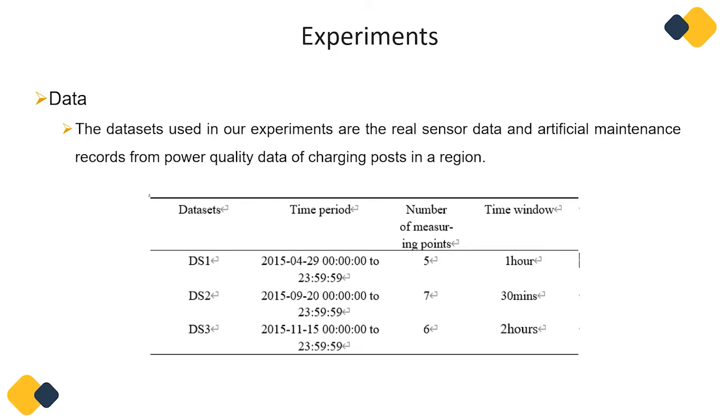Dozens of power quality data measurement points for the number of charging posts have been deployed in the region. The detailed information of the datasets is shown in the table. As you can see, there are 3 datasets.